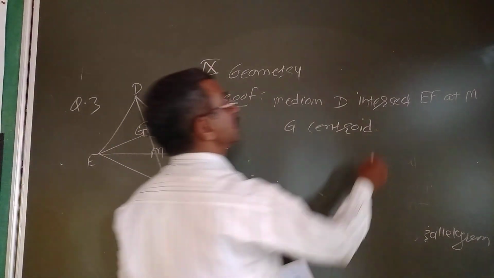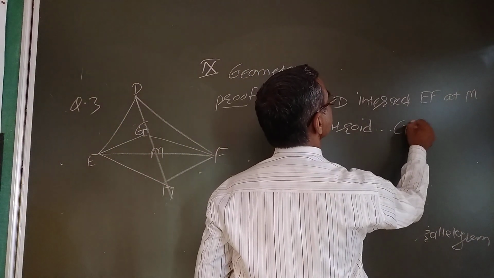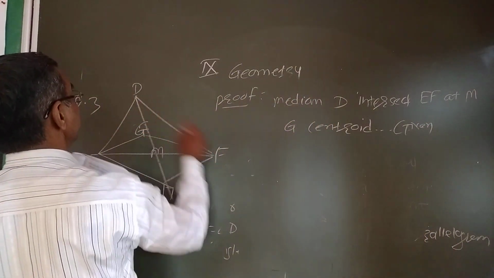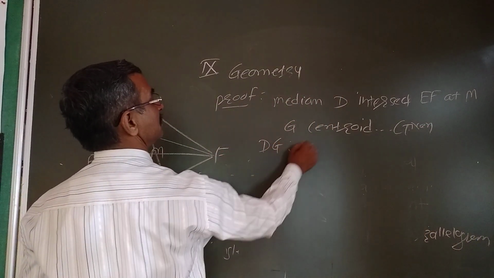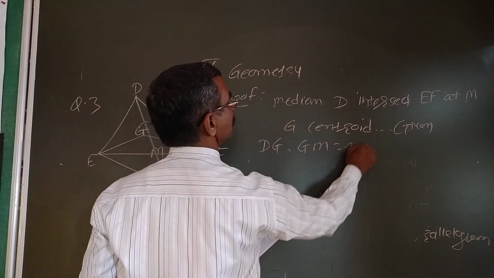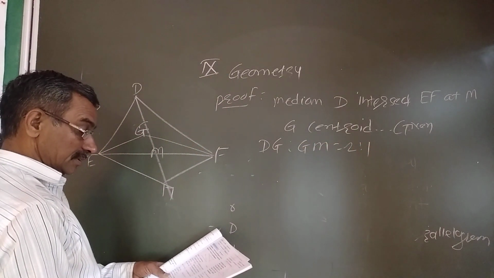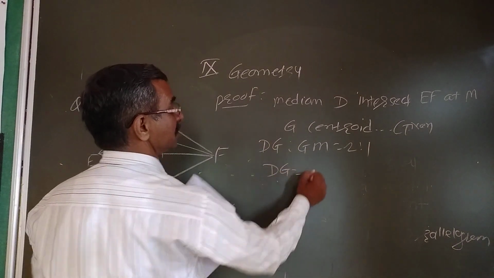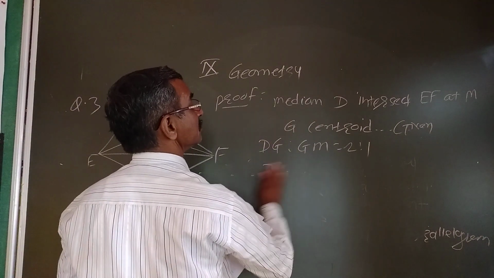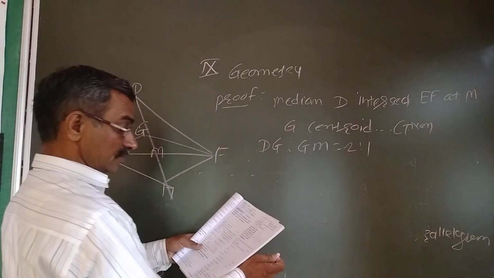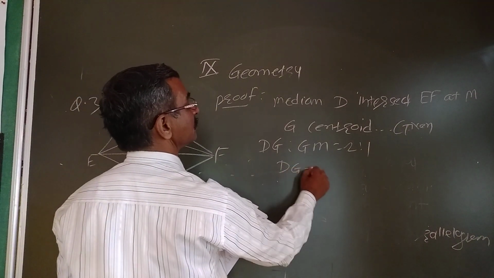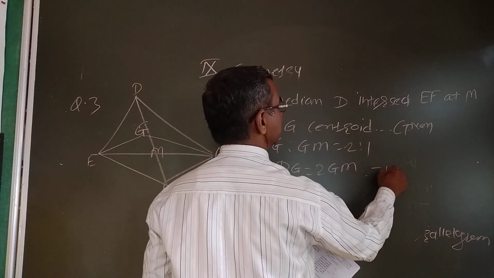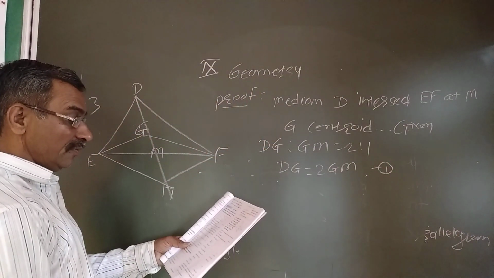That is the given. By the property of the centroid, it divides DM in the proportion 2:1, so DG is equal to twice GM. This is equation number 1.